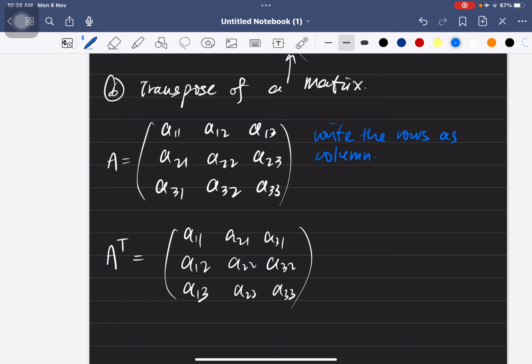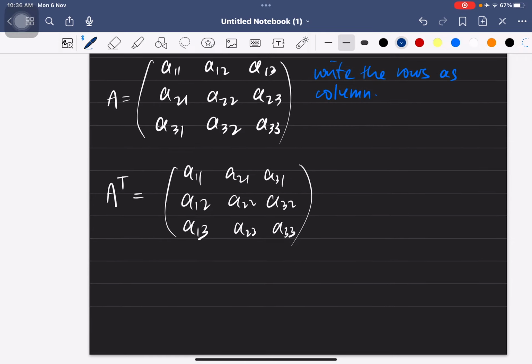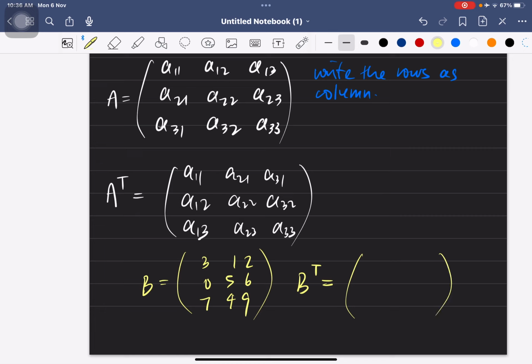For example, if matrix B is given as 3, 1, 2, 0, 5, 6 and 7, 4, 9, then the transpose of B is: write the rows as columns. 3, 1, 2, the first row, becomes the first column. The second row, 0, 5, 6, becomes the second column. The third row becomes the third column: 7, 4, 9. So this is what we call transpose. I change the whole thing to columns.